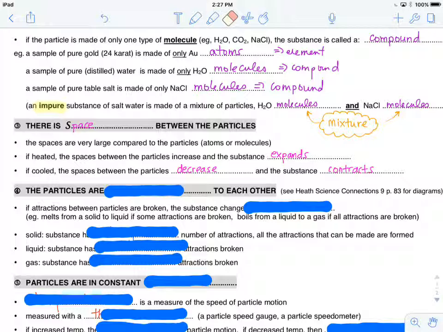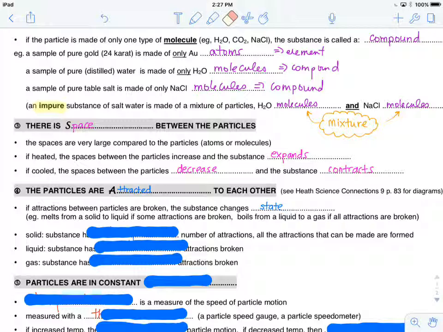The fourth point, PISA, the particles are attracted to each other. So if attractions between particles are broken, the substance changes state. Right? So we could melt, we could go from solid to a liquid, we could boil it, we could go from a liquid to a gas, and we could do the reverse of those things.